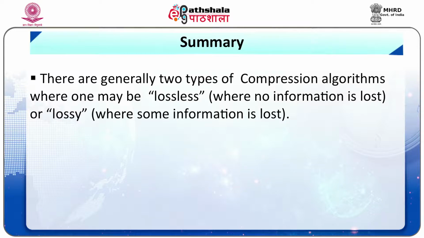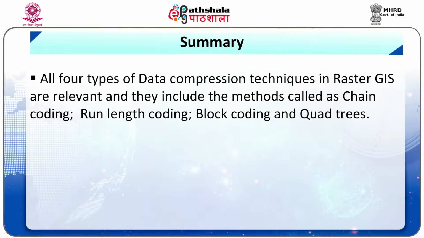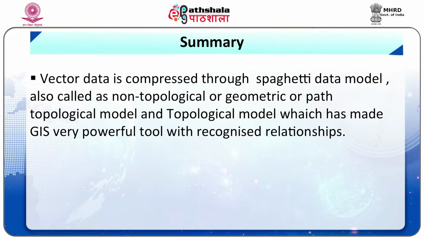Then we also learned today that there are 4 types of data compression techniques in raster GIS. Which are those? Remember, chain coding, yes, run length coding, very good, block coding, wonderful, and quadtree. And for the vector data model, we learned 2 techniques today. Which are these 2 techniques? Yes, the spaghetti model, and then we also learned the topological model.